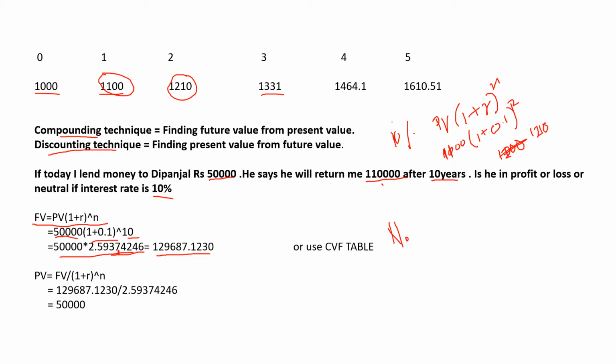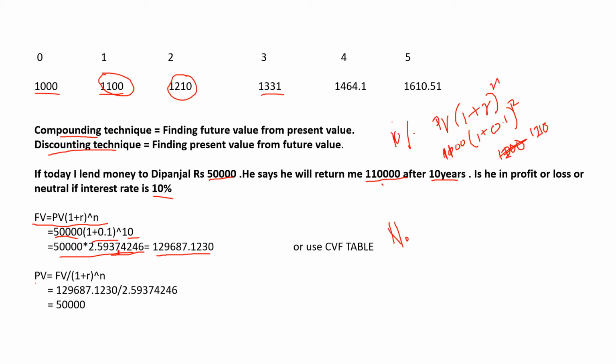Okay. So the same way I have found this future value from the present value, I can also find the present value of some future amount with the same formula, just altered. When I want to find the present value, the future value will be divided by (1 plus r) to the power n.